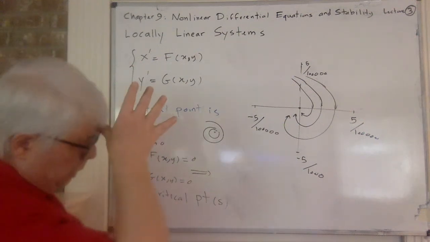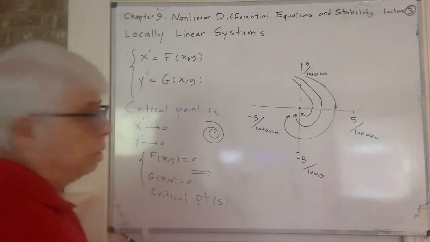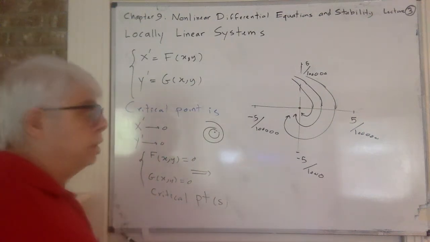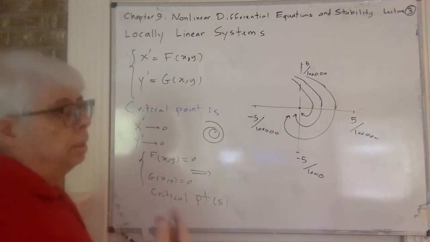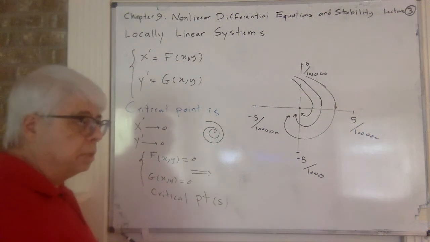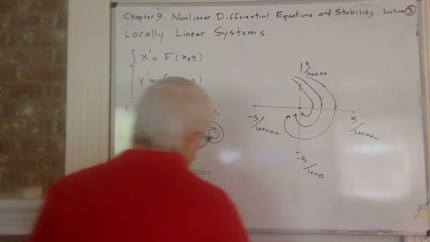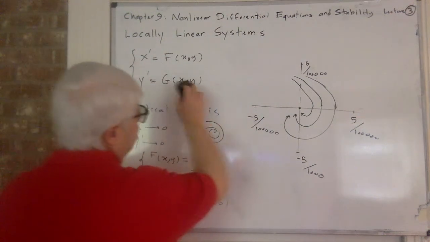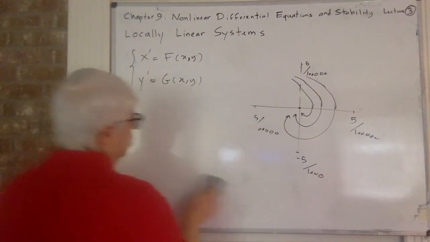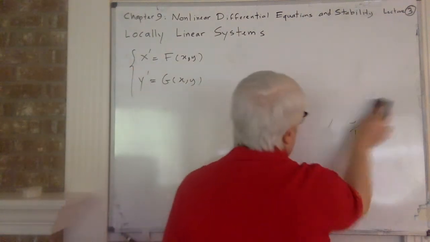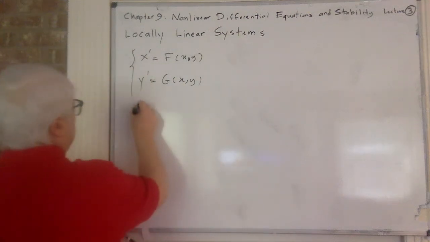So if that nonlinear part vanishes as we get closer and closer to a critical point, then we can ignore it and treat this as a linear system about a critical point. So let me tell you what I mean by those higher order things. Well, let's go back to Taylor series.